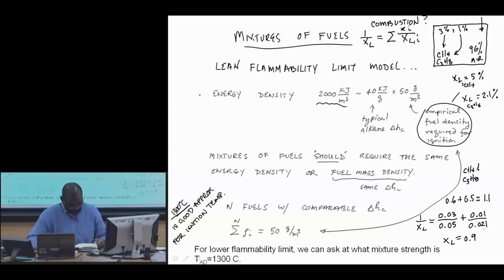So Xi over XLI, sum, 1 over XL. So let's see. Xi over XLI. Okay, 1 over. I think this is right. 0.03 over 0.05. Oh, I'm sorry. Okay, now I see what I did wrong.